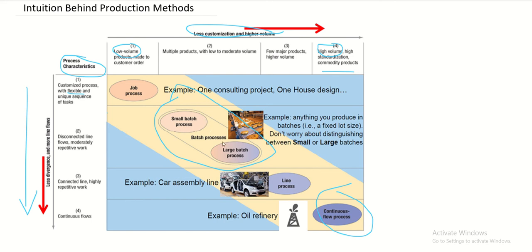In a batch process, the cookies will be produced in batches, which will contain probably multiple products, but it probably won't have huge volume. It will only be able to fill a couple of boxes. So that's basically batch process, which is in between job process and line process and continuous process, with a medium size volume and also medium flexibility.